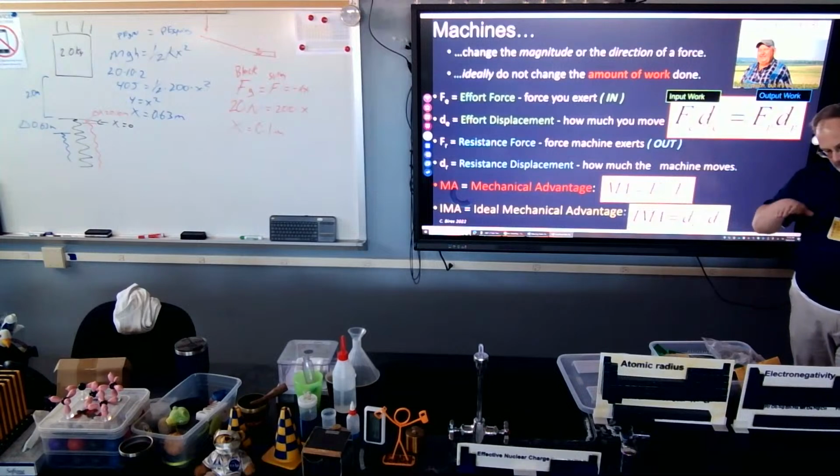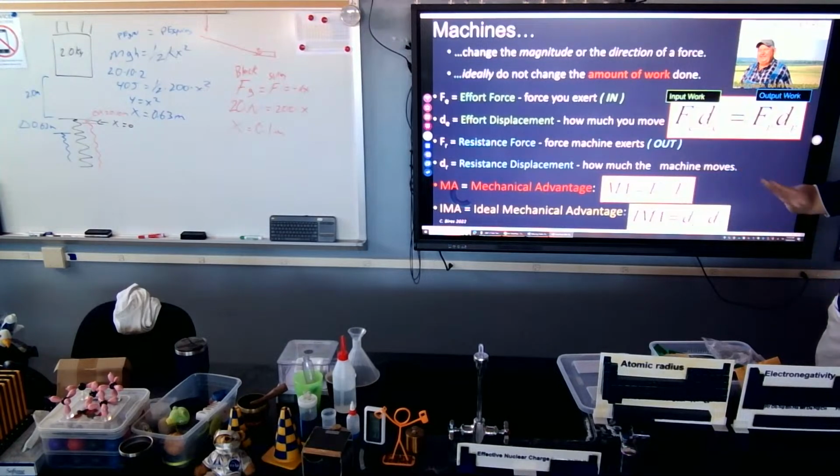For instance, putting the thing in the U-Haul, if I have to go 10 meters up the ramp instead of 1 meter into the truck, my mechanical advantage is 10.